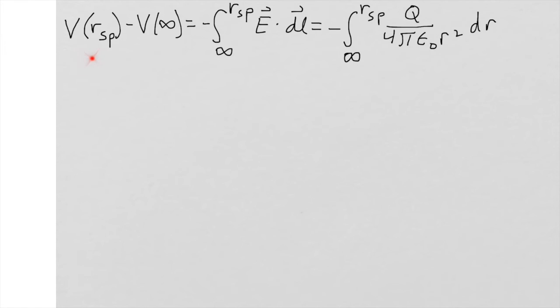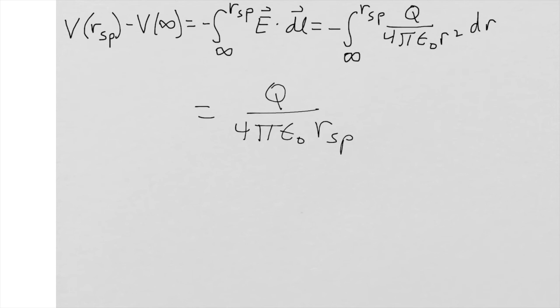The potential on the surface of the sphere minus the potential at infinity is the amount of work it takes to move 1 coulomb of charge from infinity to the surface of the sphere. So putting our form of our electric field intensity in for our sphere and integrating, we find that this potential difference is equal to the charge on the sphere over 4 pi epsilon sub 0 times the radius of the sphere.